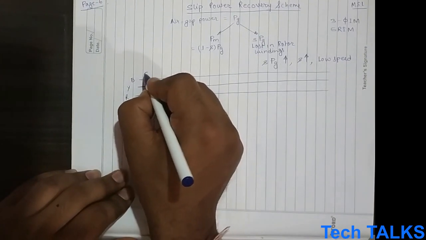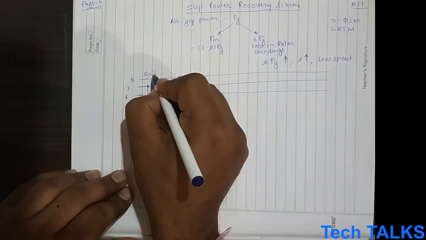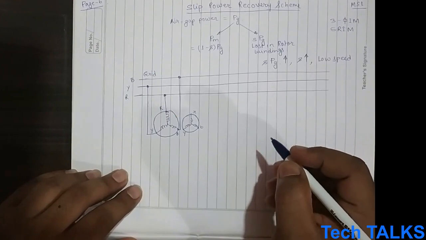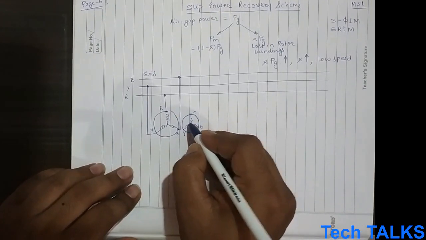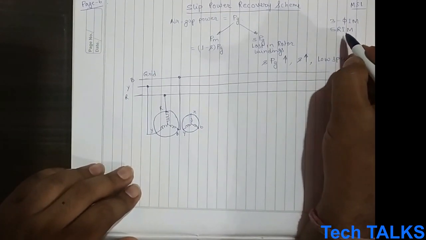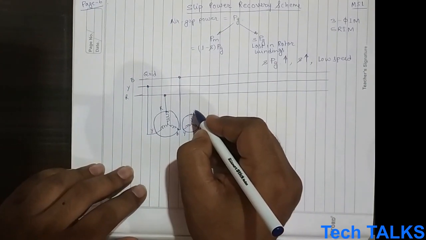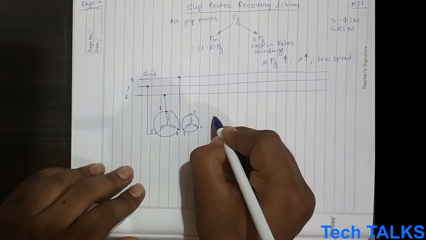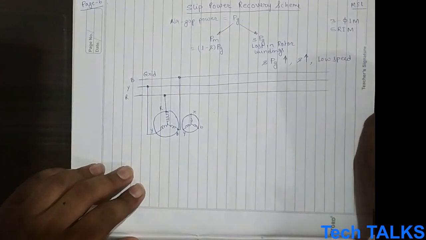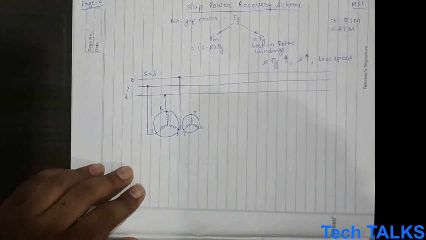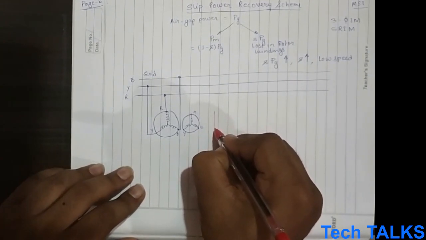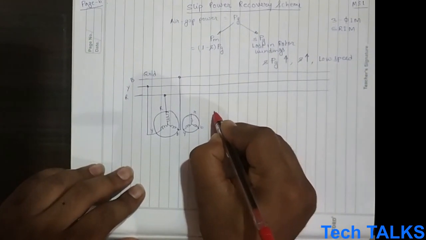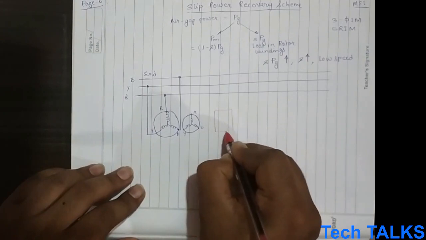This is the grid, three-phase grid. Now this is the rotor side. Since it's a slip ring induction motor, this is the rotor side. So this rotor side voltage is connected to a three-phase diode rectifier.